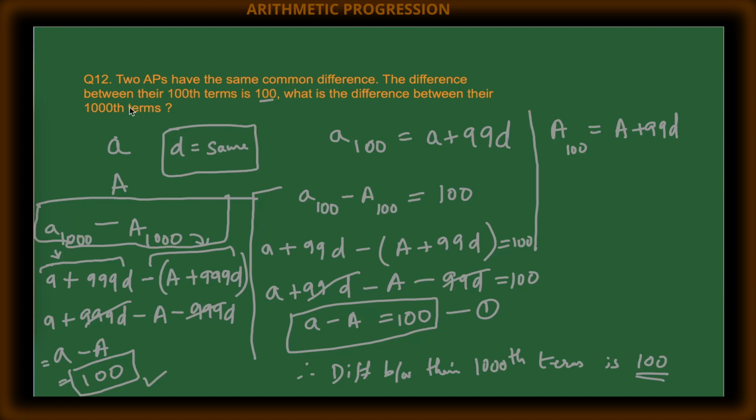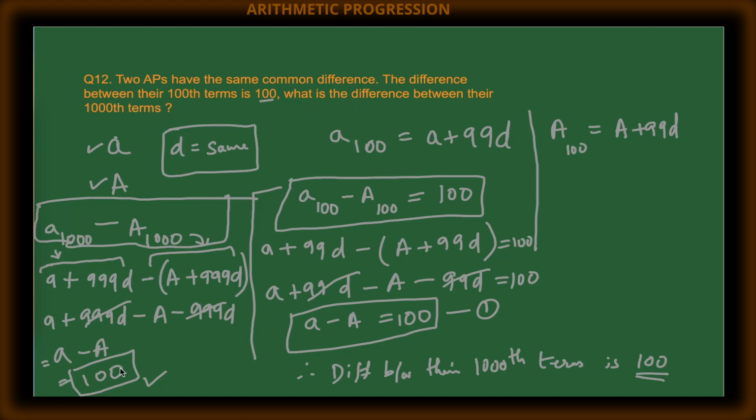Let's read it once again. Two arithmetic progressions have the same common difference. We have taken small a and capital A. The difference between the 100th terms is 100, which is given here. By solving this, we get the value of a minus A equal to 100 for the 100th position. Now, what is the difference between the 1000th terms?